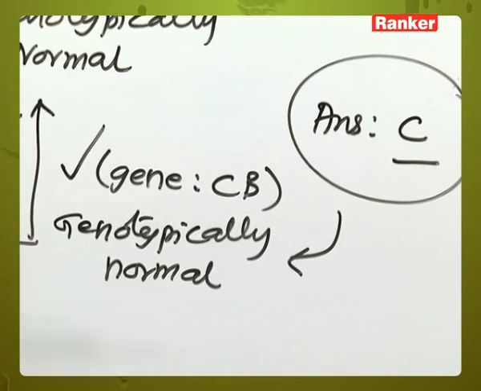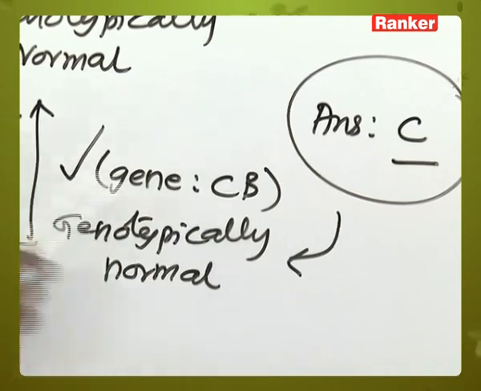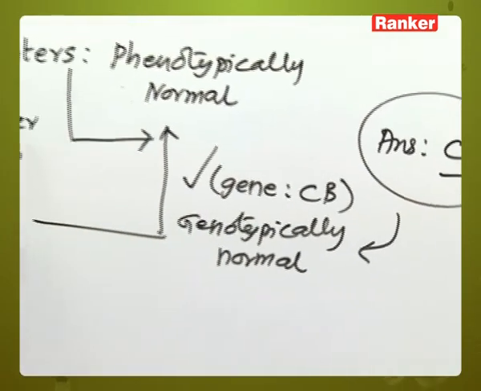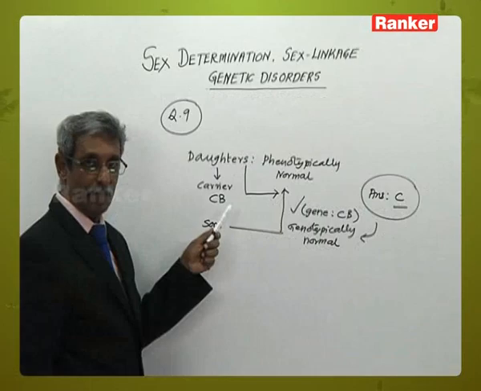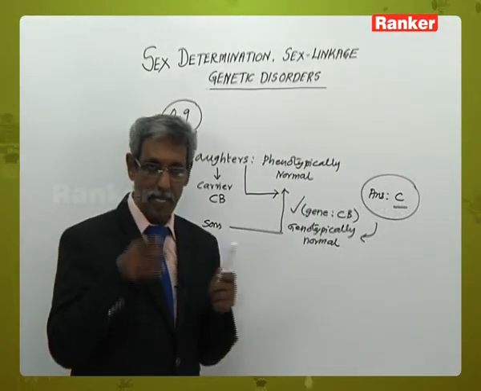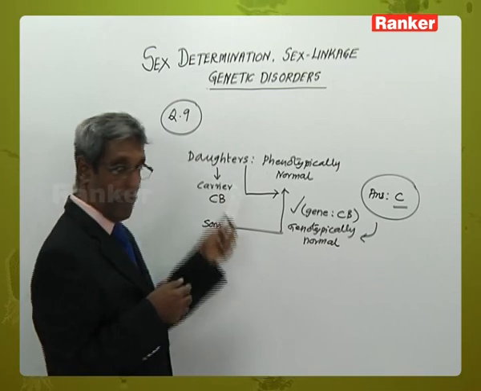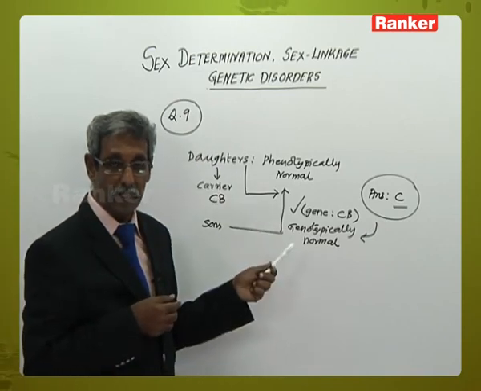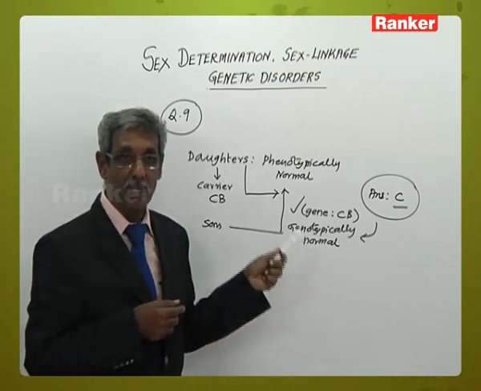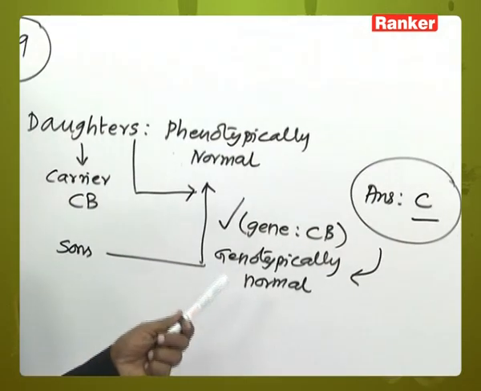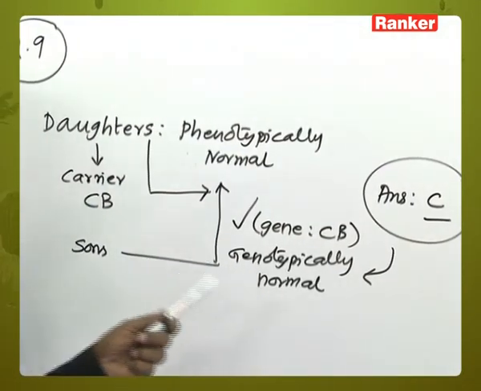Genotypically the sons too are normal, but they carry the gene for color blindness, and in the option the daughters are also the carriers of color blindness. So C correctly supports the concept of color blindness and its pattern of inheritance through the male as well as to the daughter as well as to the sons.